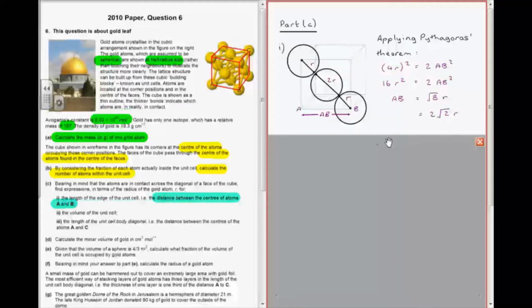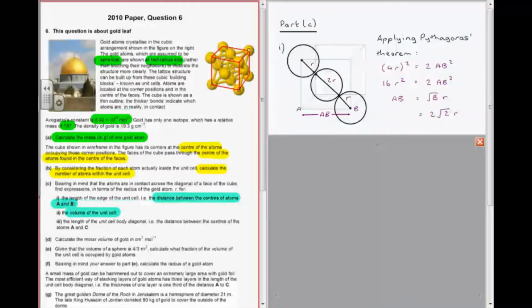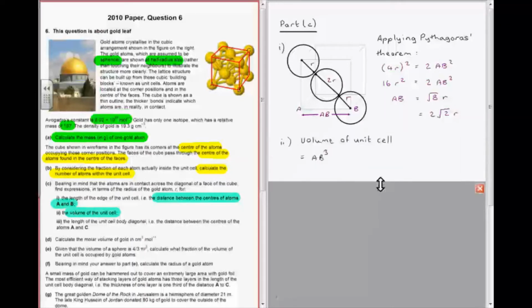In part 2 of the question, you are now asked to use this value to calculate the volume of the unit cell. Since the volume of a cube is equal to the length of any one edge of that cube cubed, then the volume of the unit cell can be represented by the distance AB cubed.